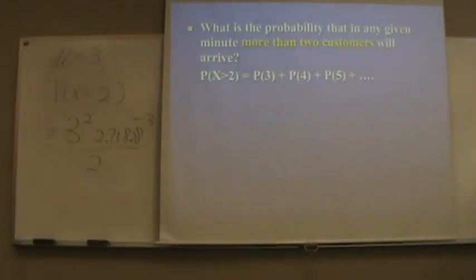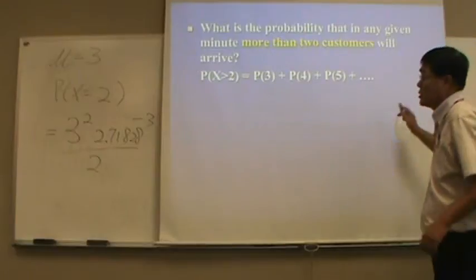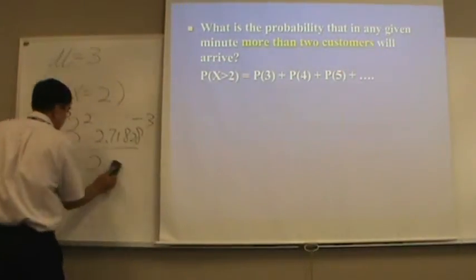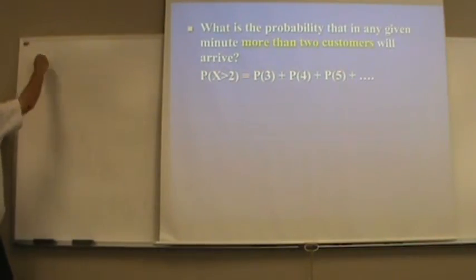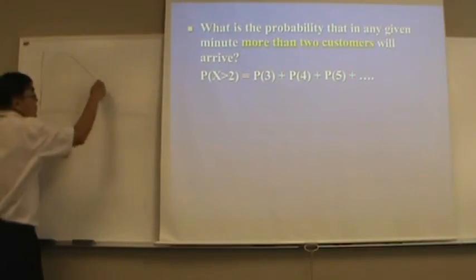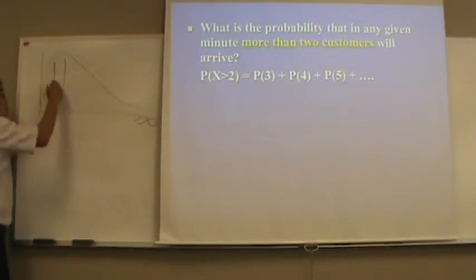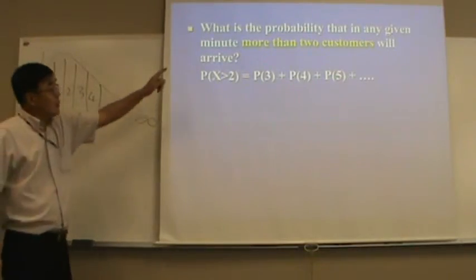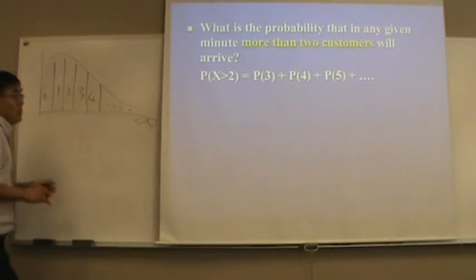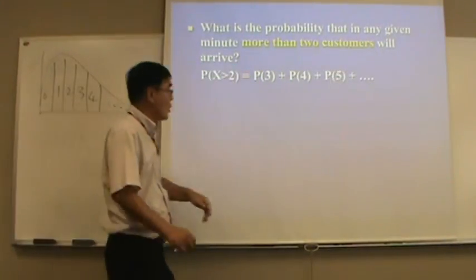How about this? What is the probability that in any given minute more than two customers arrive? Poisson distribution is infinite, there is no maximum number: 0, 1, 2, 3, 4, and so on. More than 2 is 3, 4, 5, 6, and so on.